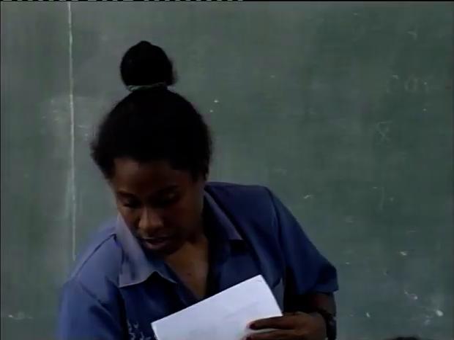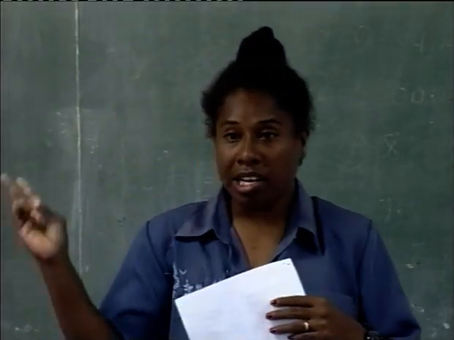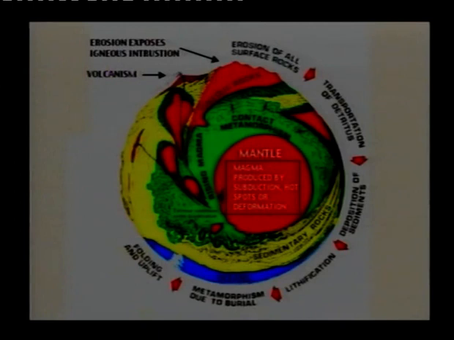Okay, let's look at at least 3 samples of what I have put together, and those samples are very similar to the 5 explanations and the 5 charts that you displayed over the 2 days that we have spent looking at the rock cycle. The first one is a very simple diagram.